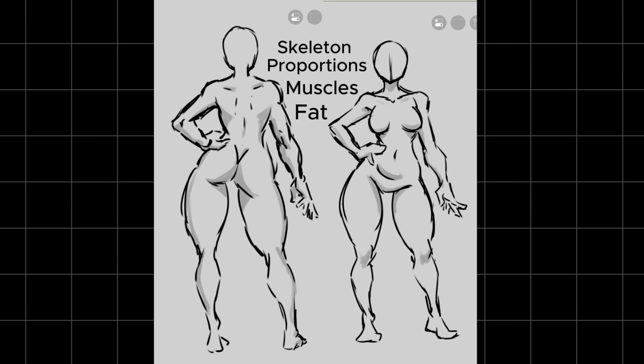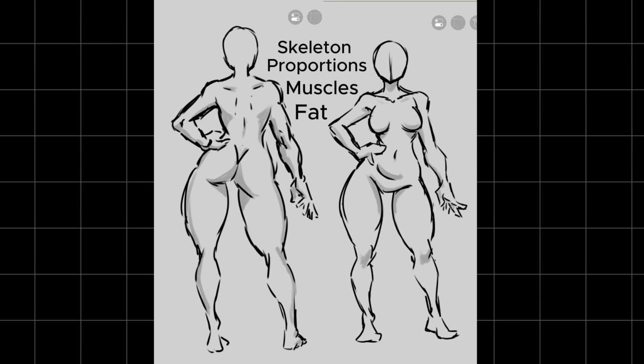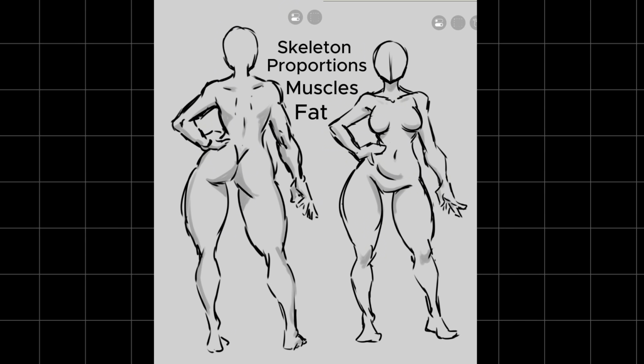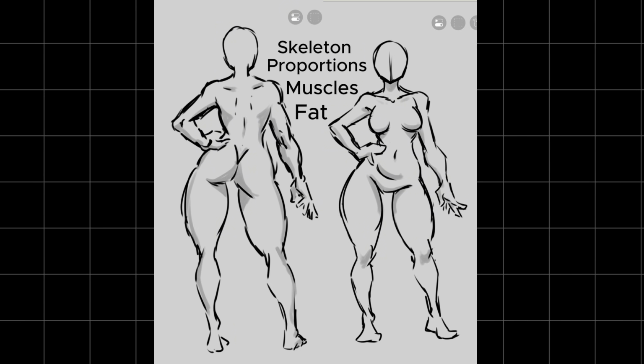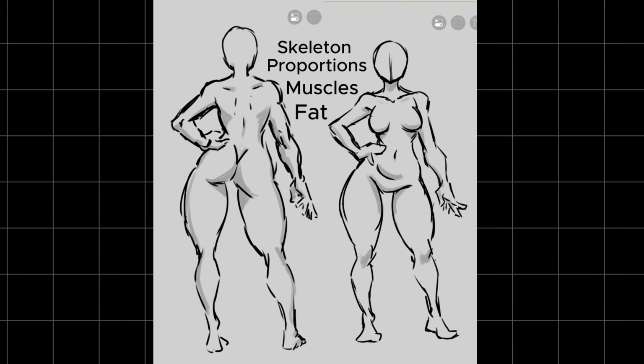The way you draw an average body type might be different than mine. So what I want you to focus on with this tutorial is what changes I did, so you can do similar changes according to your own style.